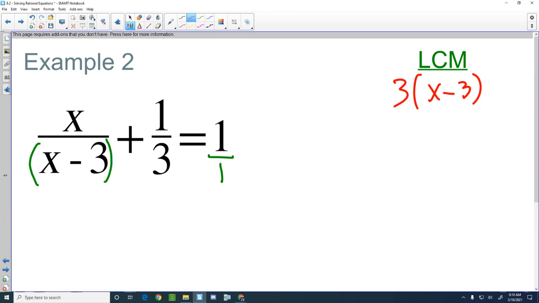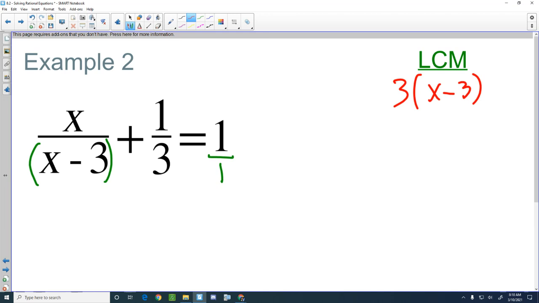All right, so I either want to make all the denominators the same as this, 3 parentheses x minus 3, or I simply just multiply every numerator by this. Personally, I think it's sometimes more difficult to identify the LCM, but if you do, it's a lot easier to use than making all these fractions, right?